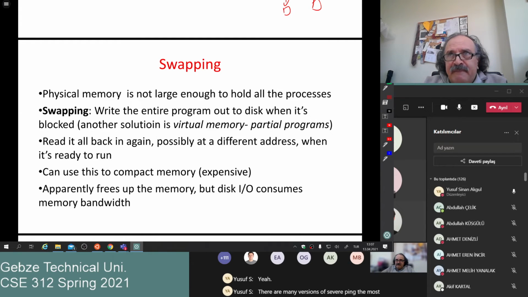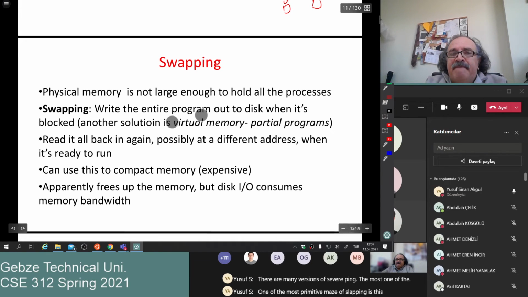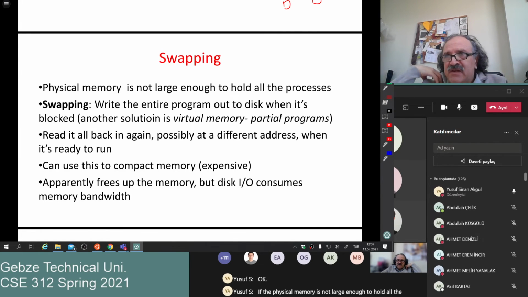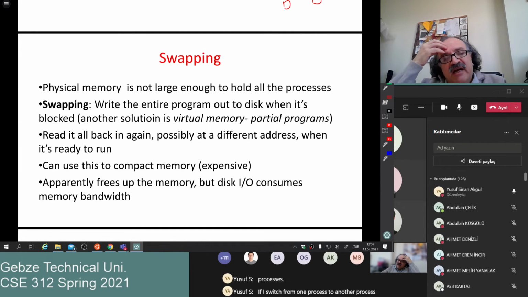One of the most primitive ways of swapping is this. If the physical memory is not large enough to hold all the processes, and I switch from one process to another process, then I would write my blocked program to the disk.